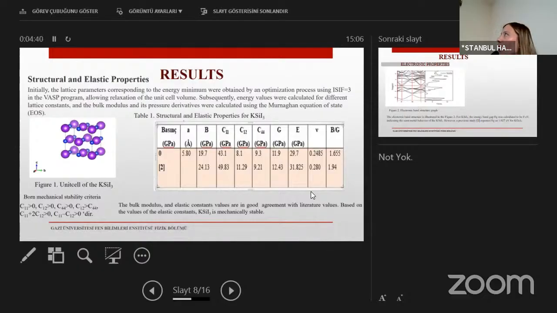And the Poisson and Pugh ratio is about the ductility and brittleness of the material. If the Pugh ratio is smaller than 1.75, that indicates the material is more brittle. So when I look at Table 1, our material is brittle, as you can see.